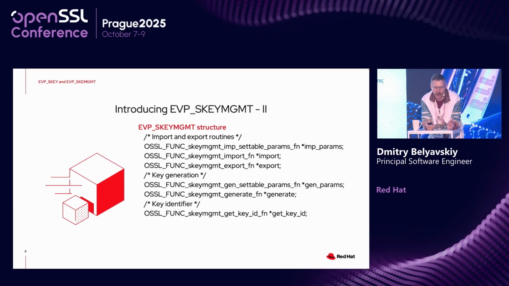You should also be able to get the generation parameters. And one of the controversial decisions is a function getting the key ID. It's a function that returns a provider-specific printable string by design, because in the real world and, for example, in a command line application, you may want to get some printable information about the object.